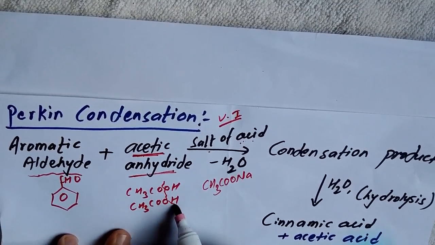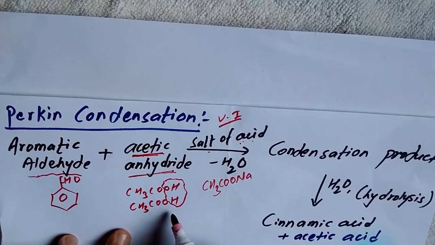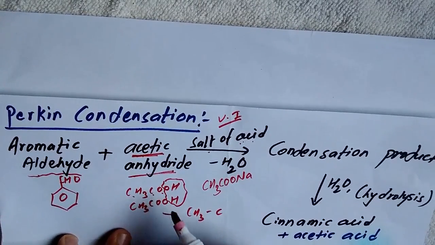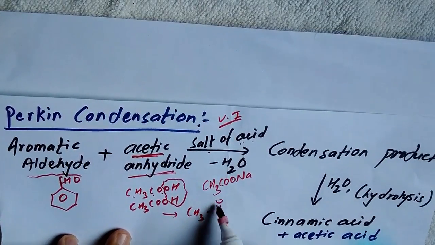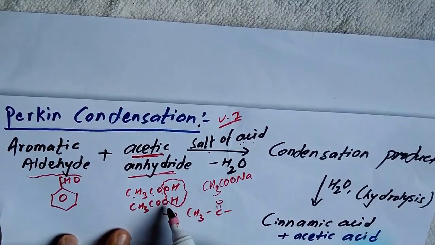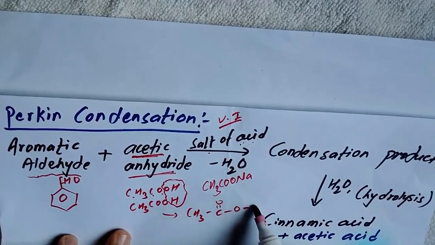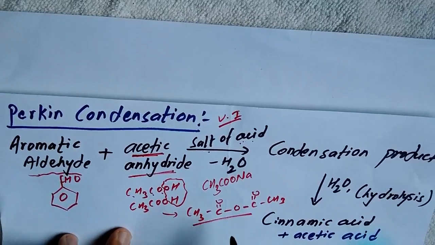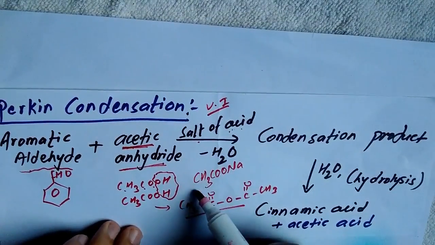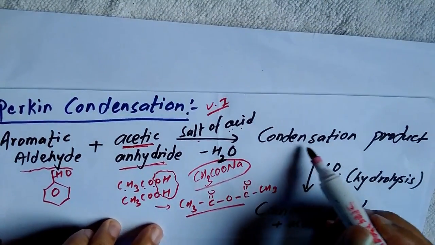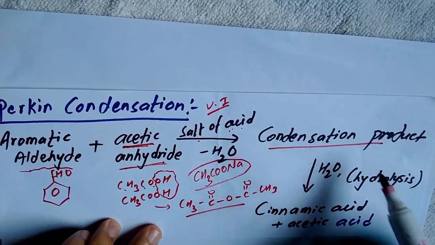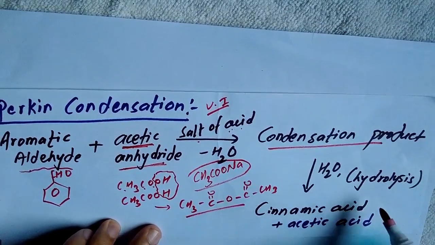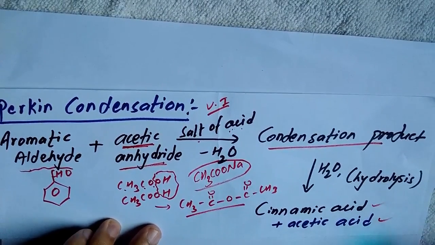Removal of water from acetic acid forms anhydride, that is acetic anhydride, CH3 C double bond O, and here is oxygen, and here is C double bond O CH3. This is the acetic anhydride. Salt of acid means CH3COONa. Condensation product will be formed, and after hydrolysis of this condensation product it gives cinnamic acid and acetic acid.